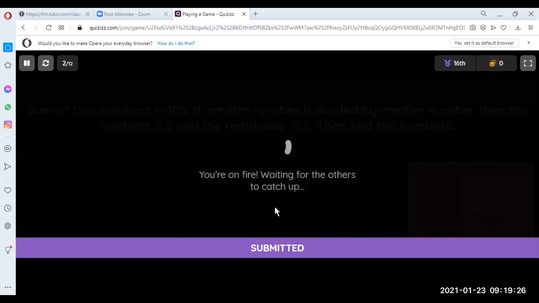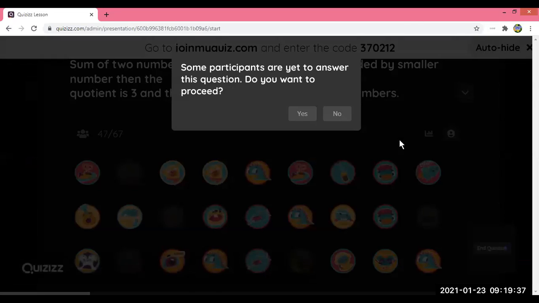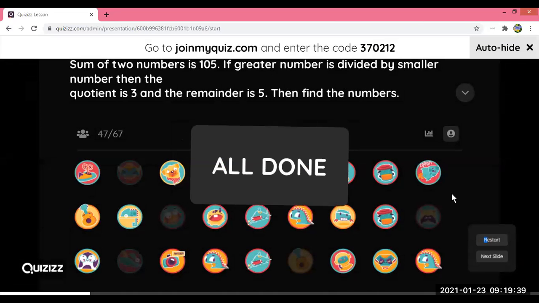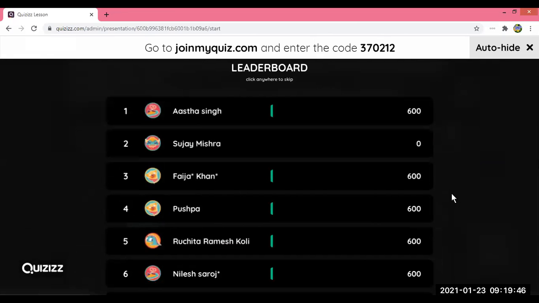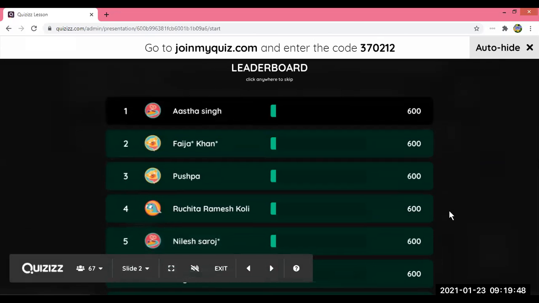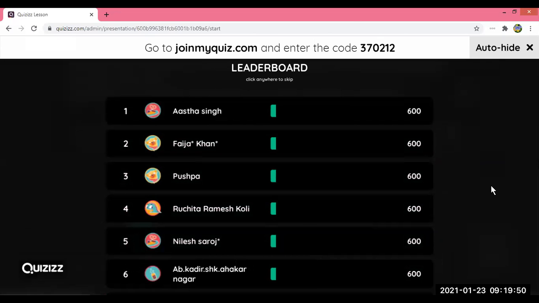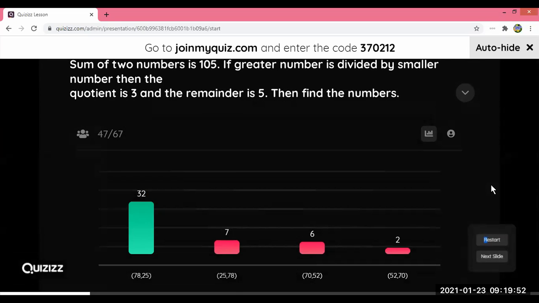Once you click on any of the options, you will see submitted and waiting for others to catch up, right? So let me end this question and let's see how many of you have got it right. There we can see so many of you have got it right. 32 of you have got it right.